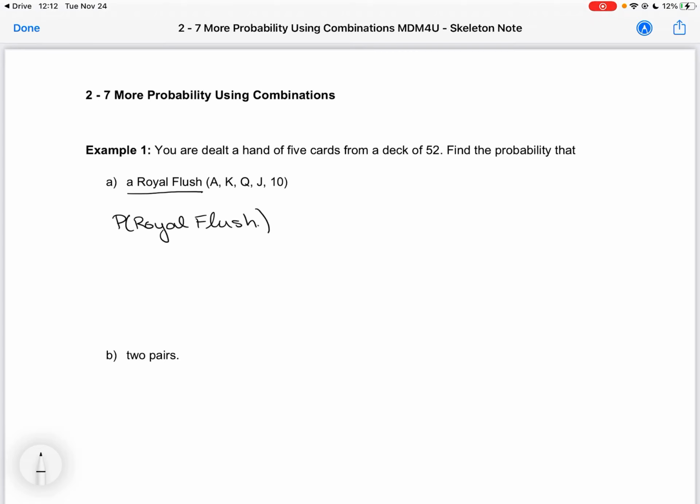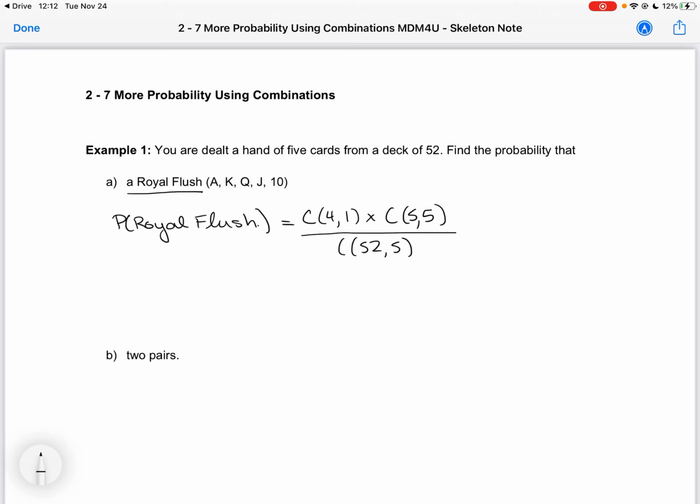So the probability that you get a royal flush is going to be the probability that you choose one suit. So 4 suits, choose one, and that you are choosing 5 particular cards out of 5.